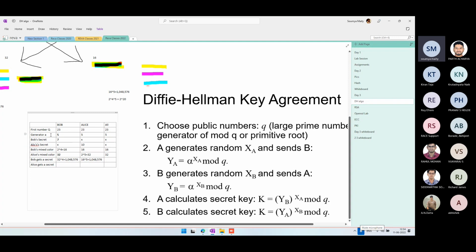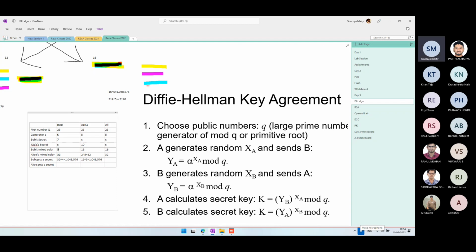Now what we'll do? Bob will calculate alpha power x, his secret number, with mod q. Let's do that. 5 power secret number 7 mod 23 is 17.